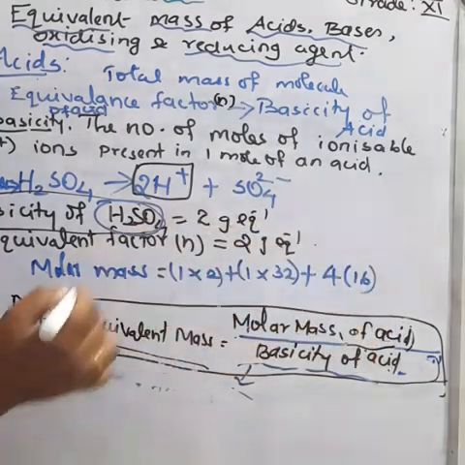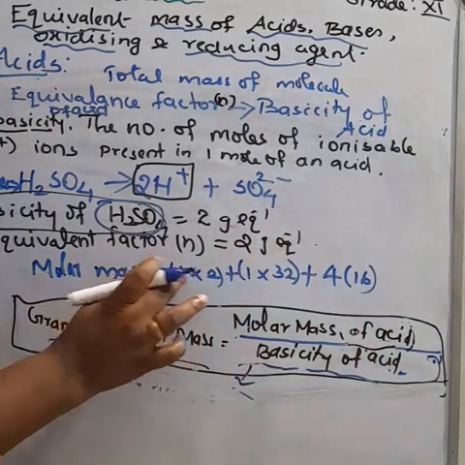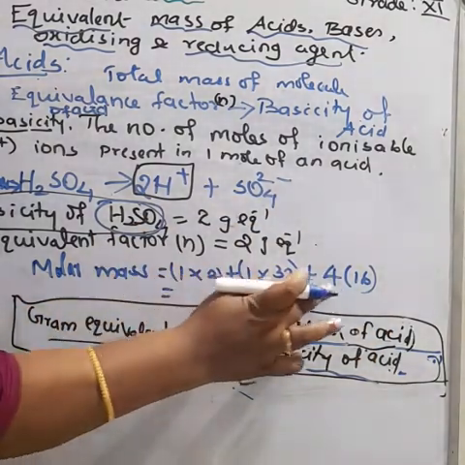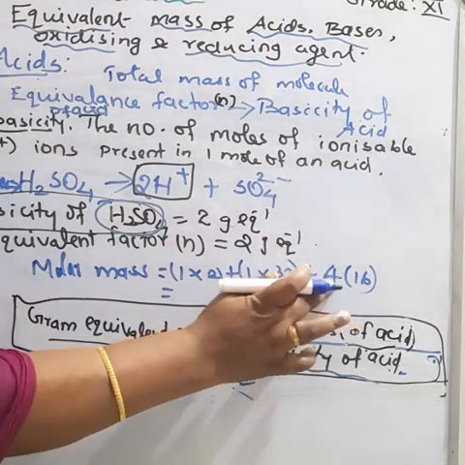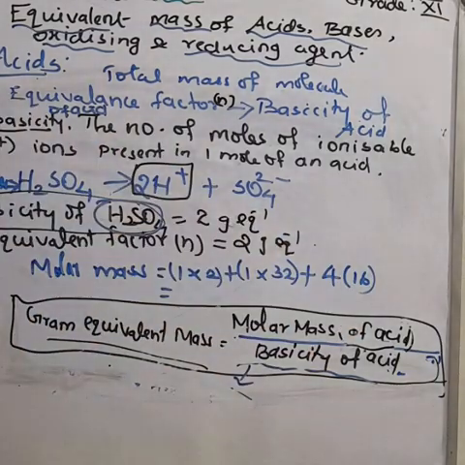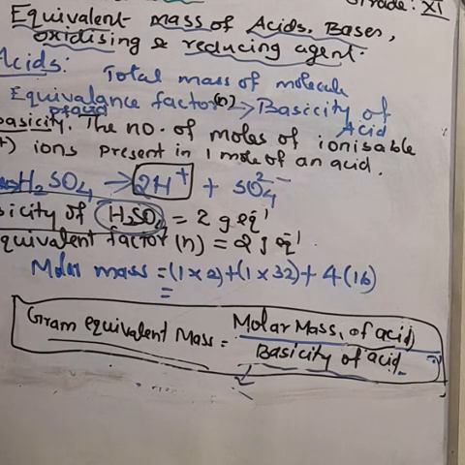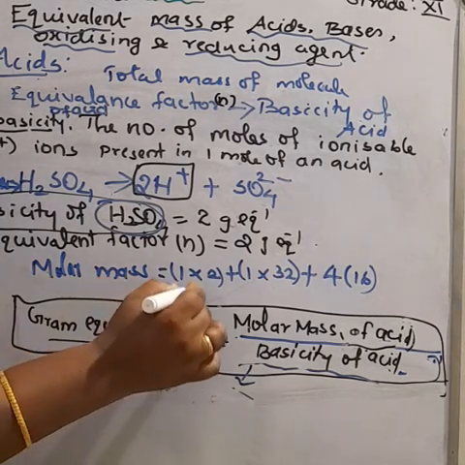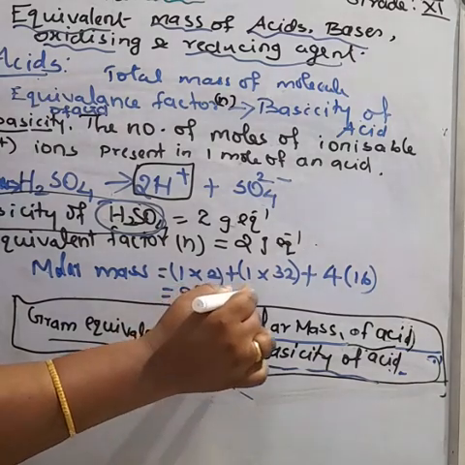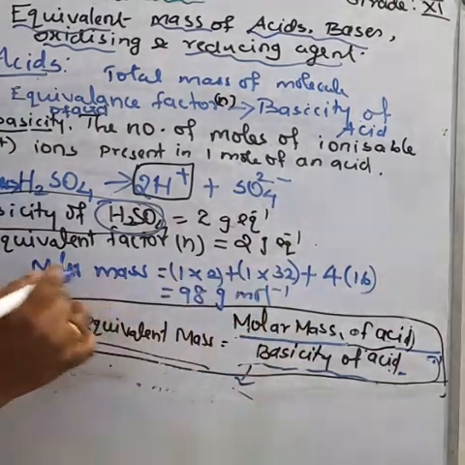So totally 2 plus 32 plus 4 into 16, which is 64. So totally 98 gram per mole. This is the molar mass of sulfuric acid.